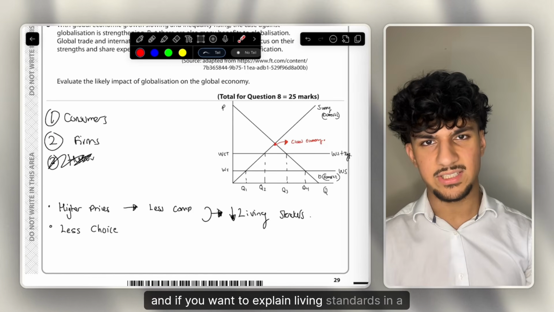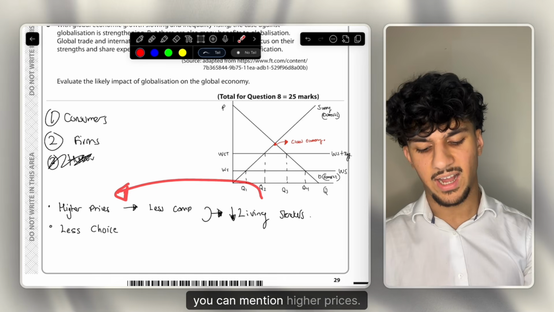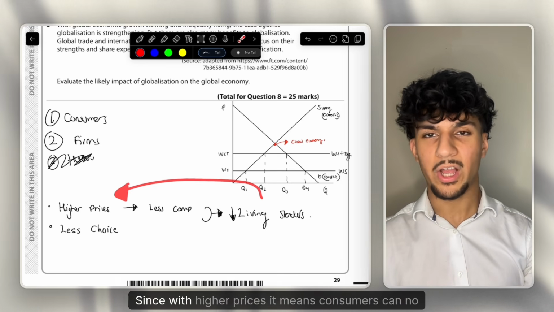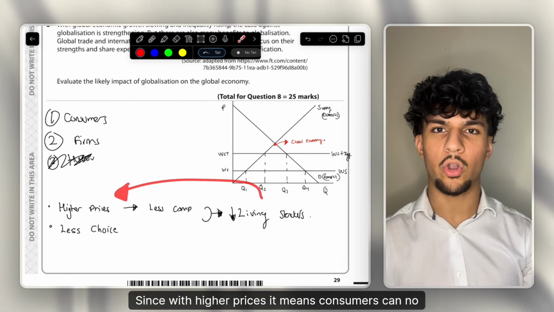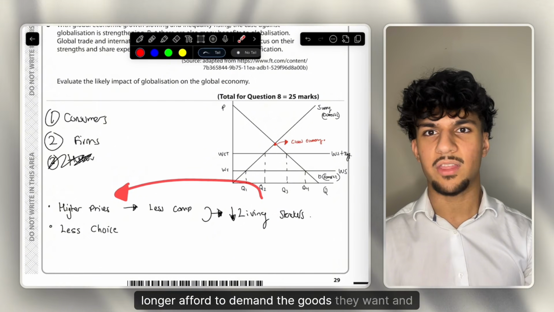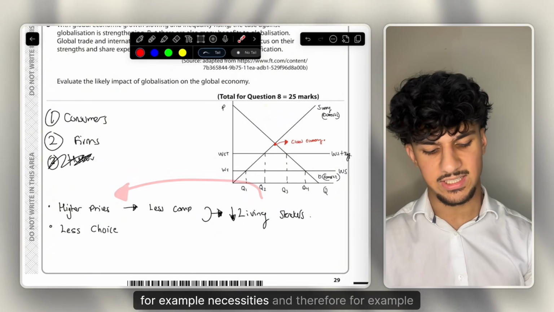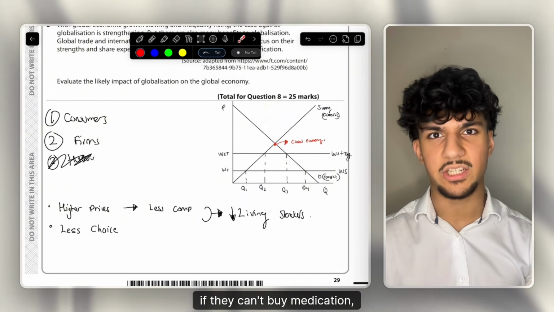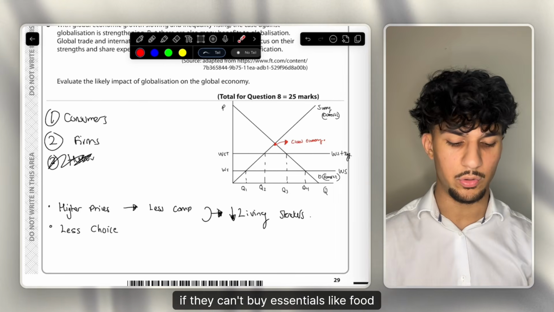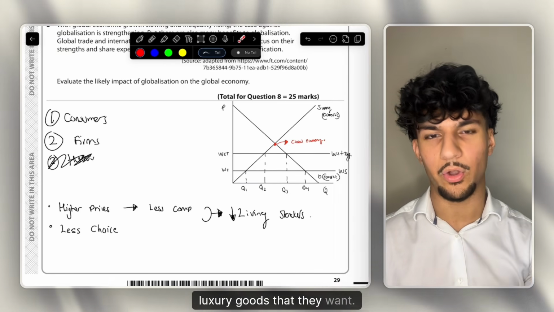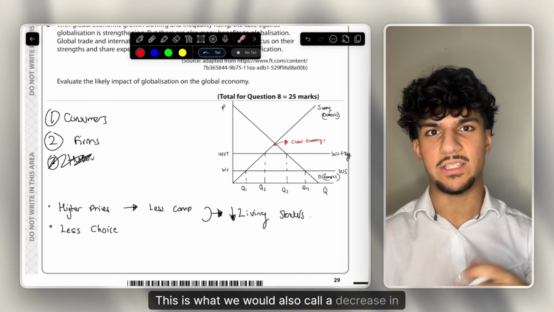If you want to explain living standards in more depth, you can mention higher prices. Why? With higher prices, consumers can no longer afford to demand the goods they want and need, for example necessities. If they can't buy medication, essentials like food, or even luxury goods that they want, this is what we would also call a decrease in living standards.